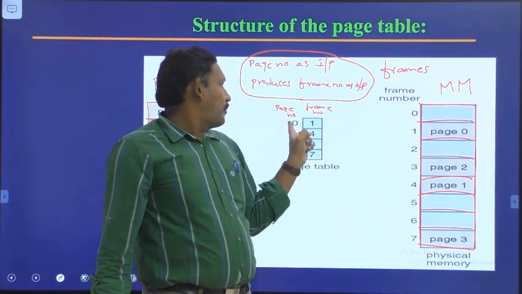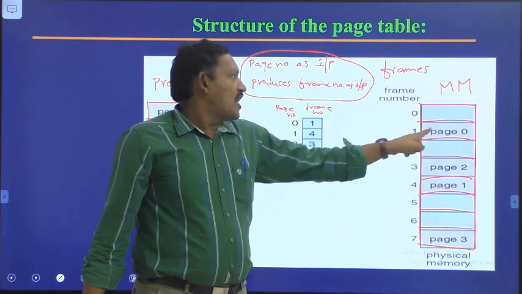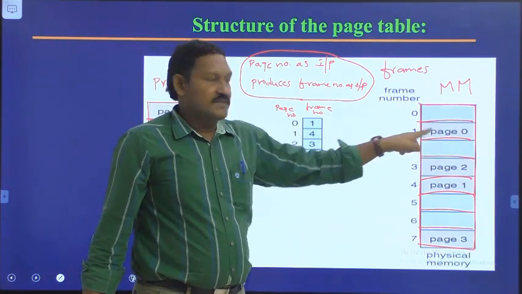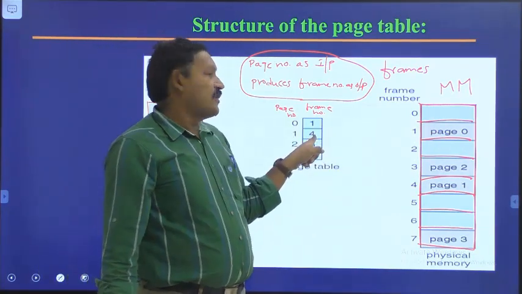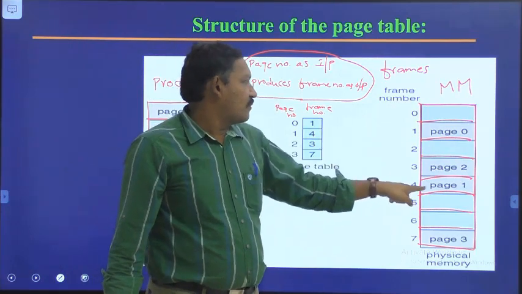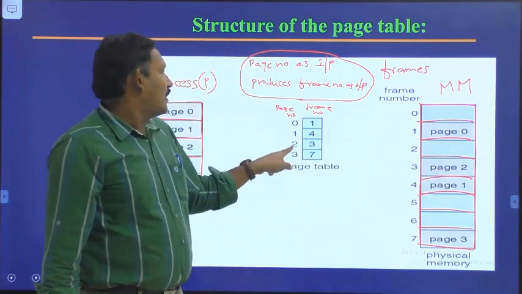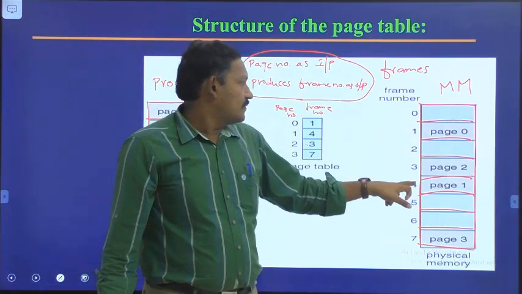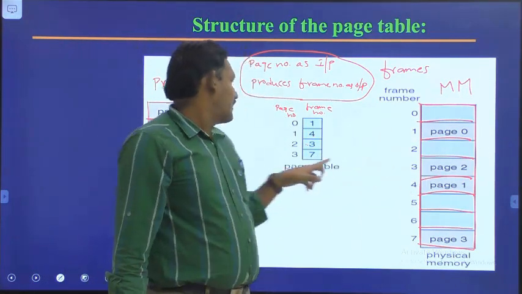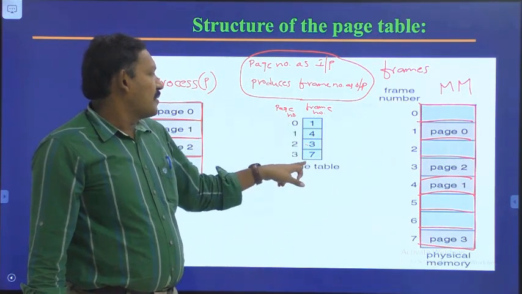Page 0 has to be placed in frame number 1. Page number 1 should be placed in frame number 4. And page number 2 is to be placed in frame number 3. So page number 3, frame number 7.